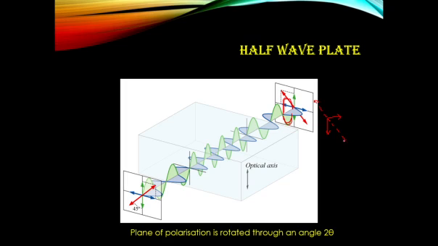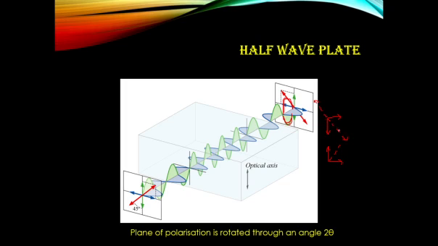Initially the wave was upward for the green wave and in the rightward direction for the blue wave, so the resultant was along this direction. But now as it emerges out, one wave is kept constant and the other wave has rotated by 180 degrees. We considered upward as now downward.